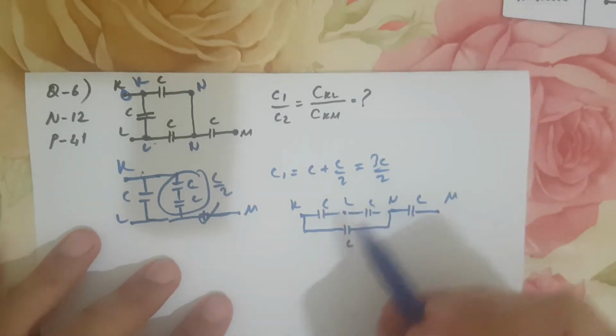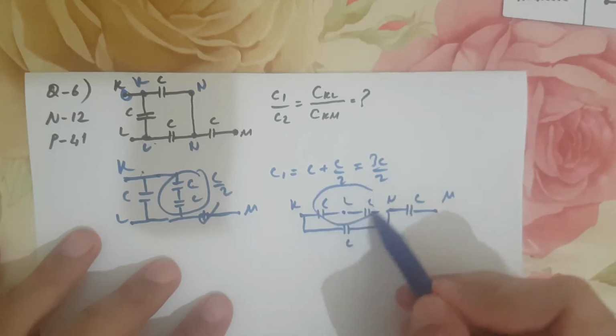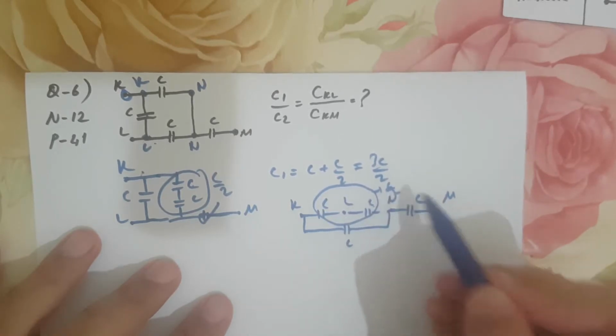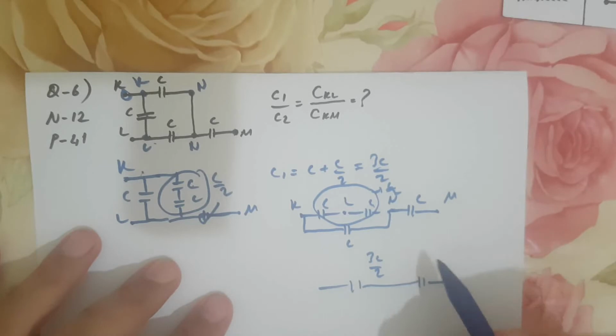So you know that C and C in series becomes 1 over C equivalent, which is C over 2. So C over 2 and then C in parallel, just adding, becomes 3C over 2.